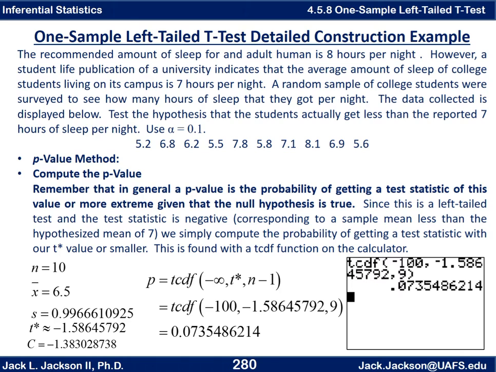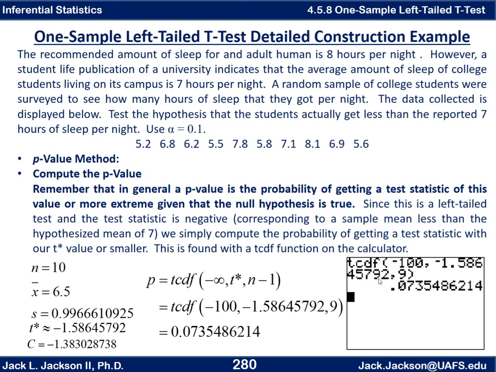There is something there, but it's so small as to be of no practical difference, because it would only affect digits that wouldn't show up on your calculator anyway. So negative 100 is usually far enough out that it doesn't really affect anything except maybe the last digit or so. The t star is our test statistic there, and our n minus 1 is our degrees of freedom, which is 9.